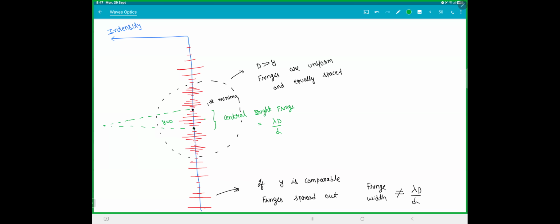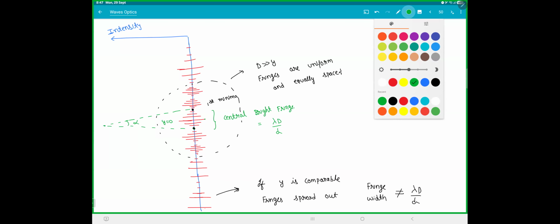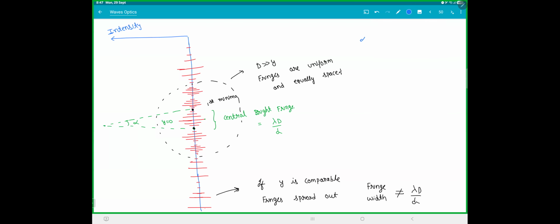If we take the central fringe width here, and if we take this angle to be alpha, we define alpha as the angular fringe width.